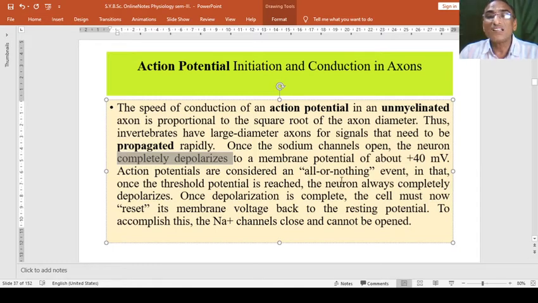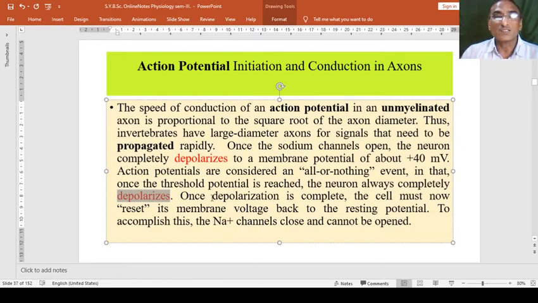Once the threshold potential, meaning the beginning potential, is reached, the neuron always completely depolarizes. This is another way by which depolarization takes place. Here we are highlighting the depolarization, meaning the movement of sodium ions inside the neuron or the membrane.